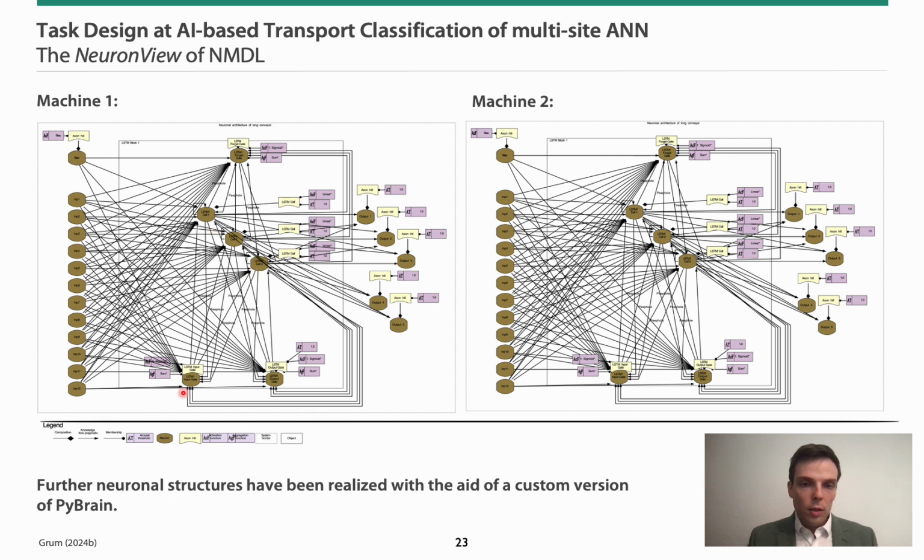The input neuron you can find here, the forget neuron you can find here, and the output neuron you can find here, the output gate. Right on the left you can find the input neurons, and right on the right you can find the output neurons.